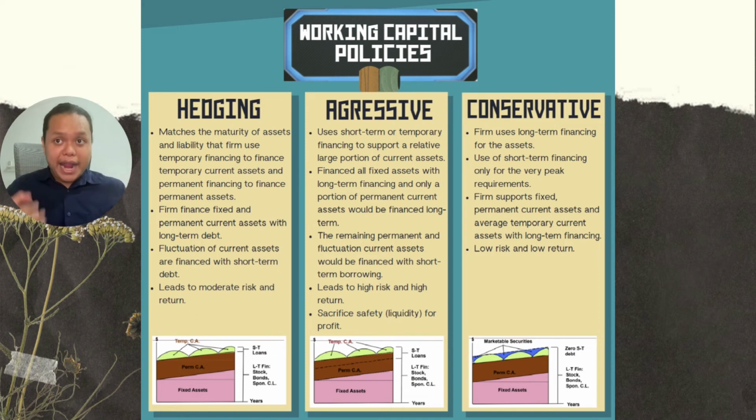It leads to high risk and high return, and also sacrifices safety for profit. Lastly, the conservative approach. The firm uses long-term finance for the assets, and uses short-term financing only for the very peak requirements. The firm supports fixed, permanent current assets and average temporary current assets with long-term financing. It is also low risk and low return.